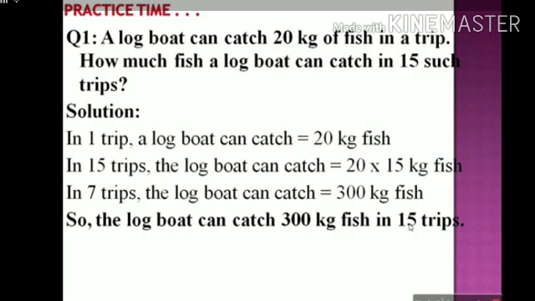In 15 trips, the logboat can catch, you multiply 20 into 15 kilogram fish. When you multiply 20 into 15, you will get 300 kilogram. So in 15 trips, the logboat can catch 300 kilogram of fish. And the final answer is, the logboat can catch 300 kilogram fish in 15 trips.